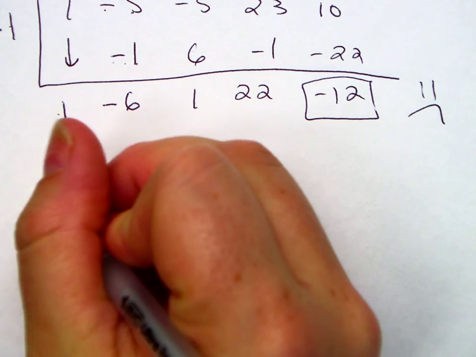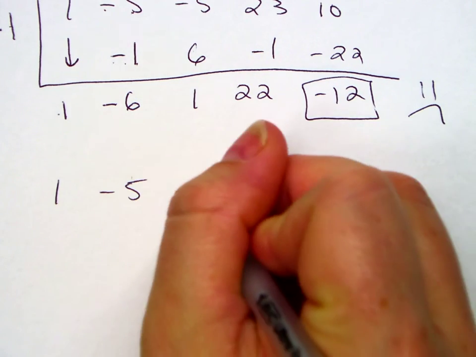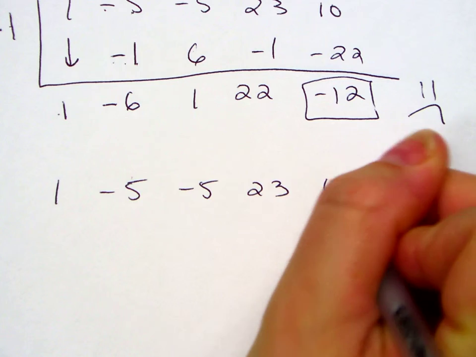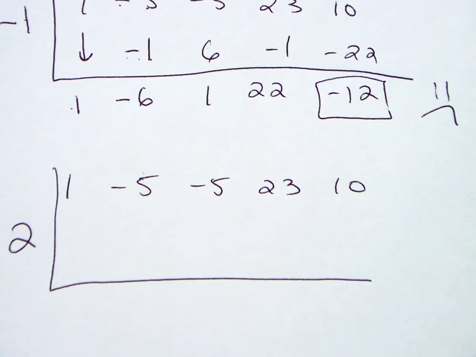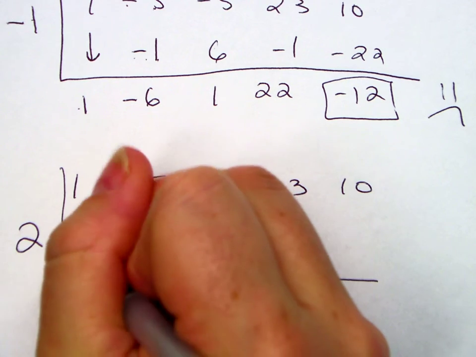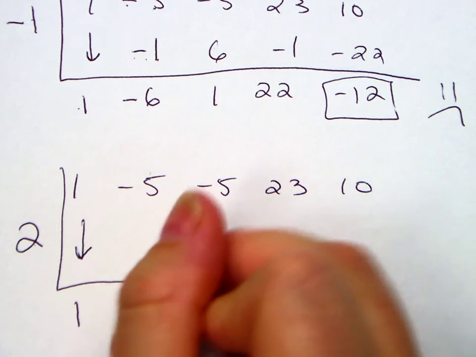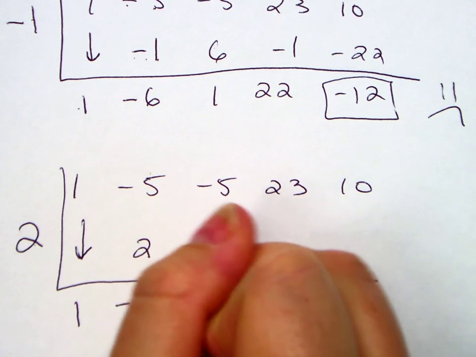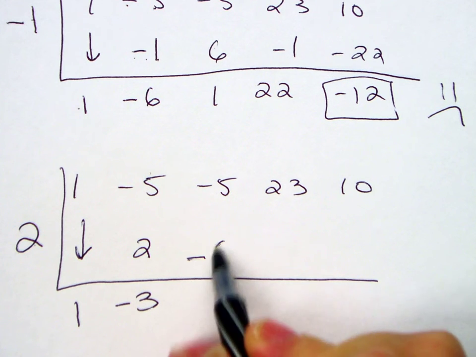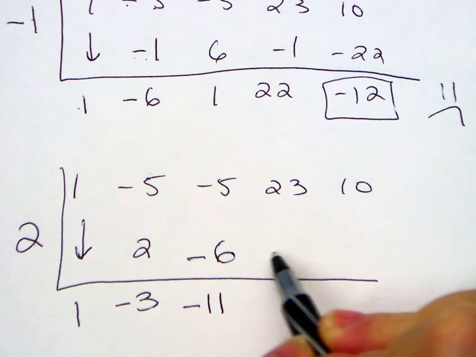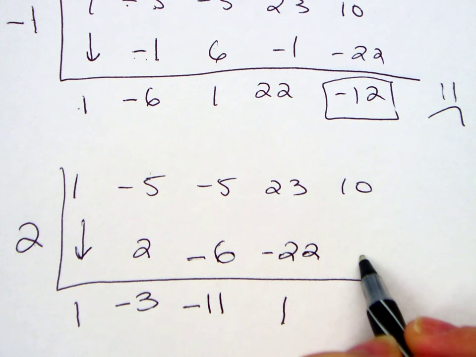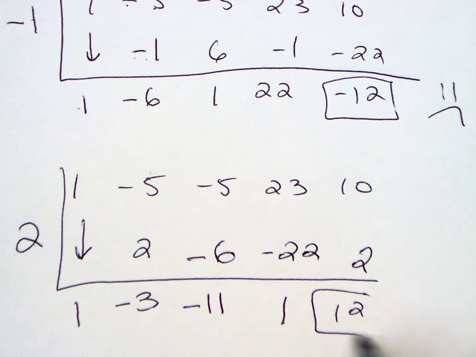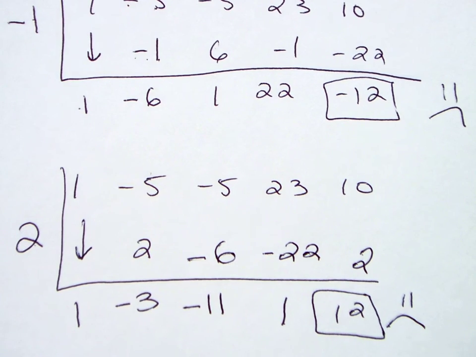Moving on. 1, negative 5, negative 5, 23, 10. You will get awesome at synthetic division after doing this a bunch of times. Bring the 1 down. 2 times 1 is 2, negative 3. Negative 6, negative 11, negative 22, 1, 2, 12, nope, sadness.